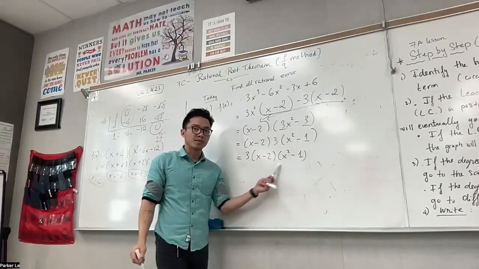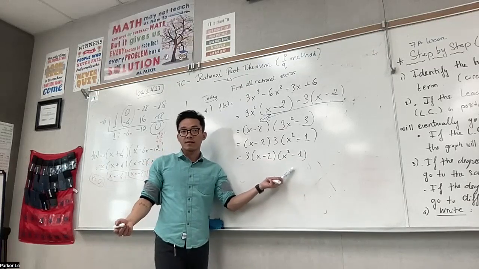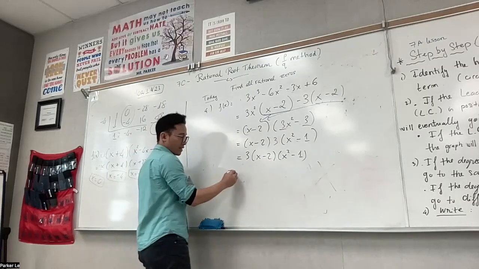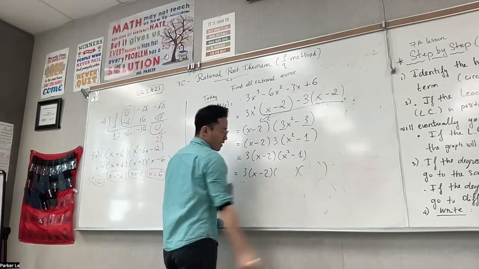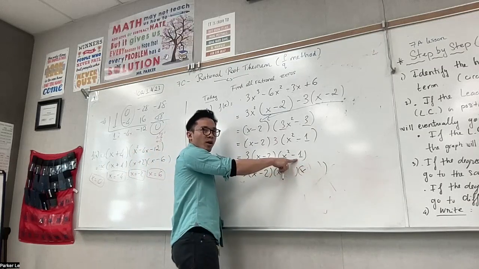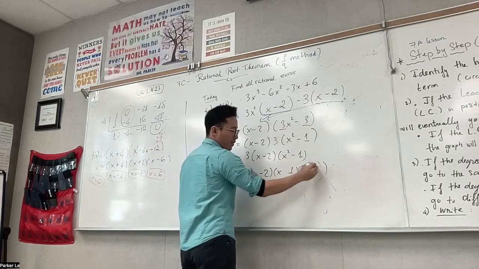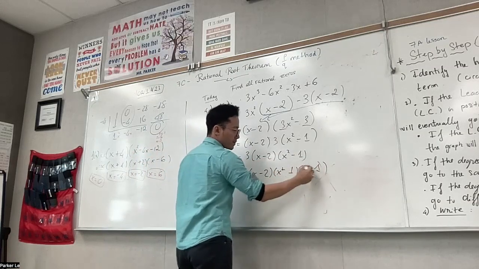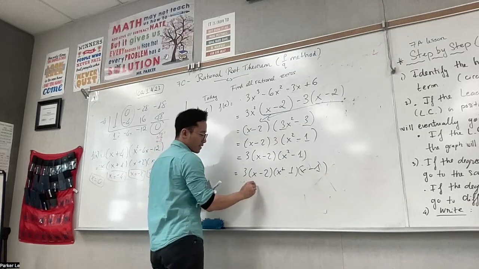And then this is two terms. What is the technique you're going to use for two terms? The formula. What is it called? Difference of squares. x squared minus 1 becomes x plus 1 times x minus 1. So what is the solution for this?